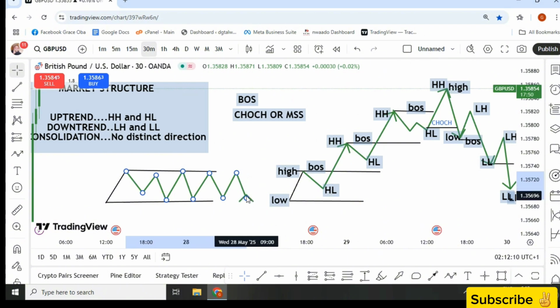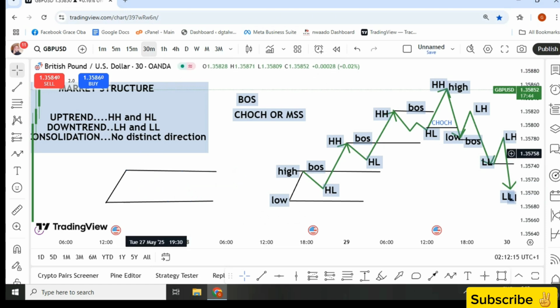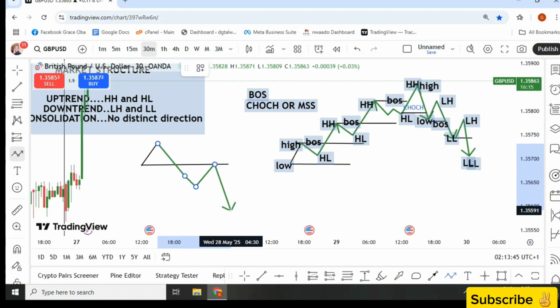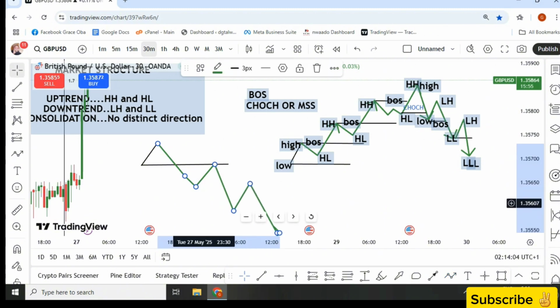So a downtrend that has continued to downtrend this way. Now you agree with me that this is a high, this is a low, right?